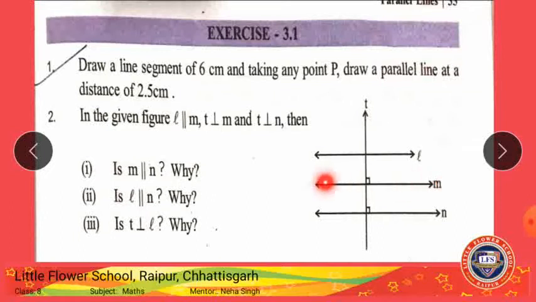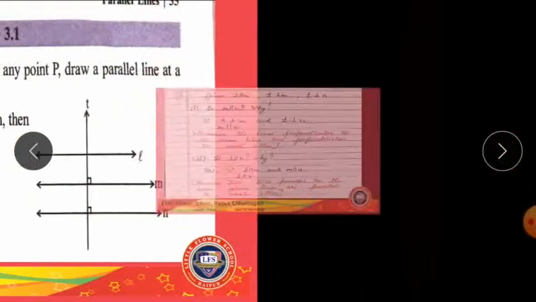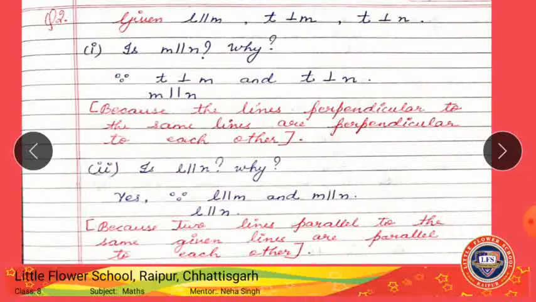See, are these two lines parallel? First you need to find. So since L is parallel to M, right, and T is perpendicular to M and T is perpendicular to L also. So first we'll write the given, what all things are given, we'll write the three things. Now, is M parallel to N?